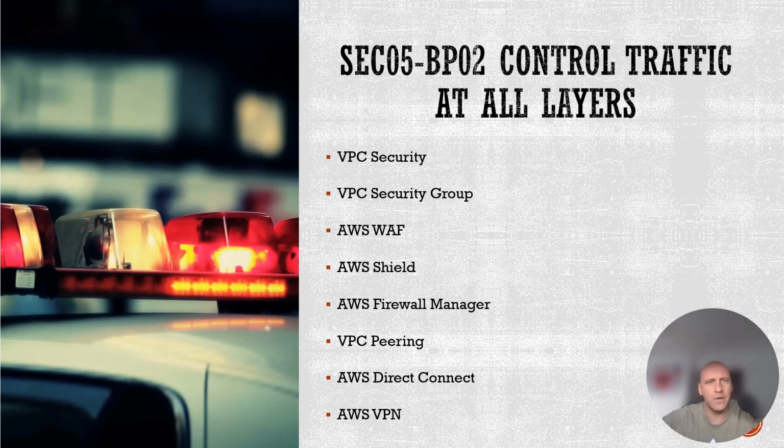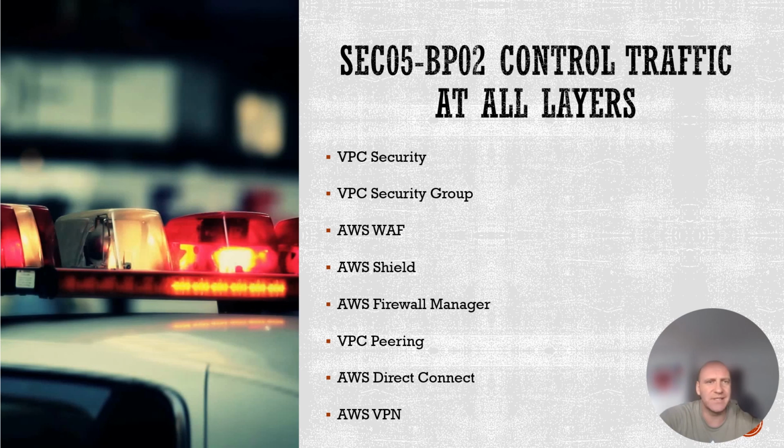Also, let's look at AWS Shield. You can use AWS WAF web access control lists to help minimize the effects of a distributed denial of service attack. For additional protection against DDoS attacks, AWS also provides AWS Shield Standard and AWS Shield Advanced.